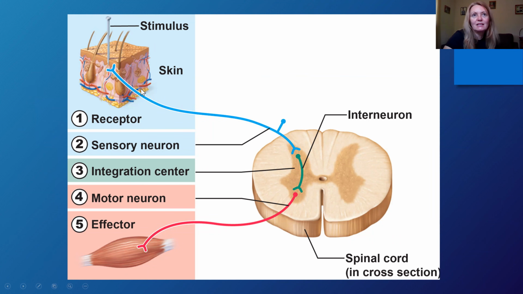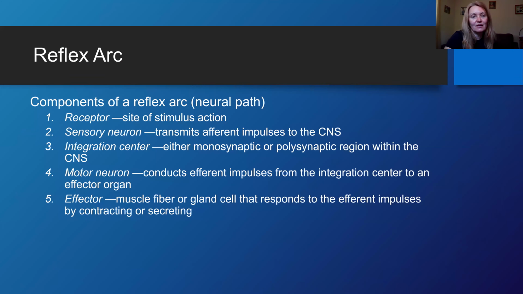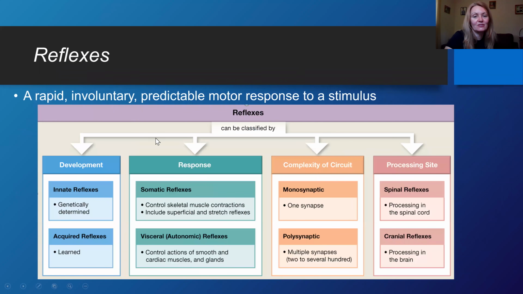Now, a reflex is a rapid, predictable, involuntary response to a stimulus. We have different types of reflexes. We have somatic reflexes and visceral reflexes. That's what it says over here. So we can have innate or acquired reflexes.